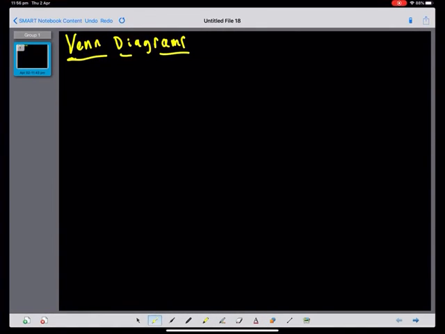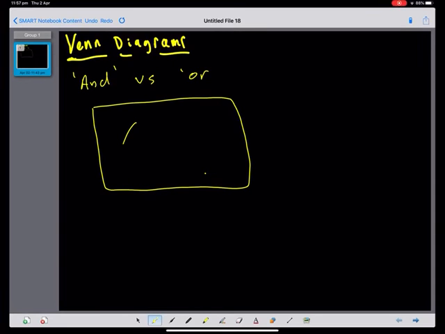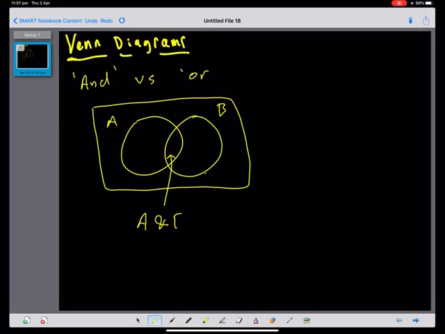Let's consider the and versus or. Okay, so when we have and versus or, we have a Venn diagram like this. And this section in the middle is A and B.